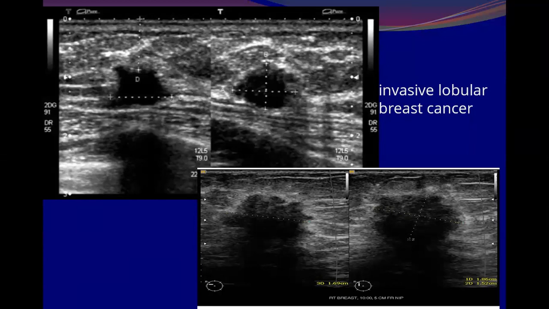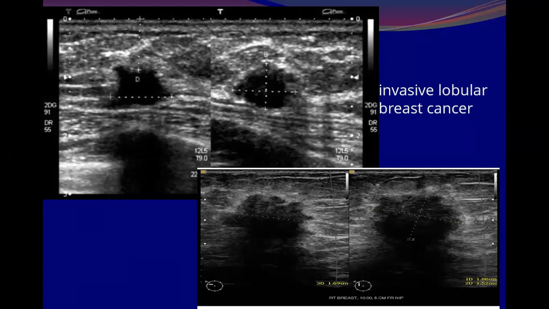When we see very high contrast, only black and white, that means it is low time gain compensation. That is why the contrast is high. But the lower one is medium gray; the fat is medium gray. That is why the lesion here is hypoechoic with a surrounding thick rim of hyperechogenicity.